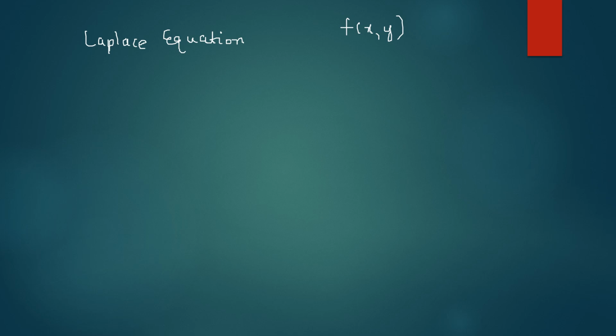Last time we studied the Cauchy-Riemann equation. Now another type of equation is Laplace. It is the double partial derivative of f with respect to x, summed with the double partial derivative with respect to y, and if that summation gives you 0, then you say yes, this is the Laplace equation, and if the function satisfies this Laplace equation, it can be considered harmonic.